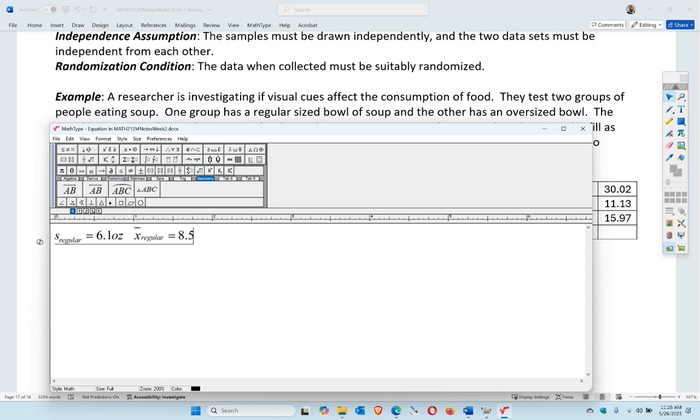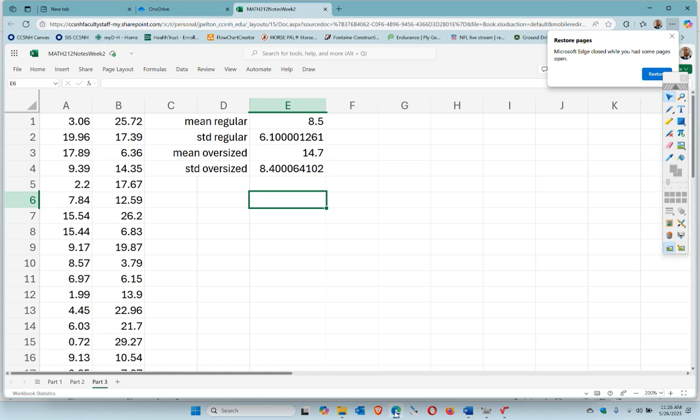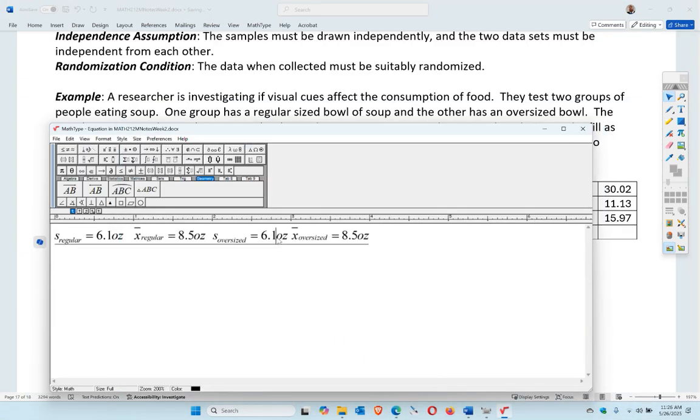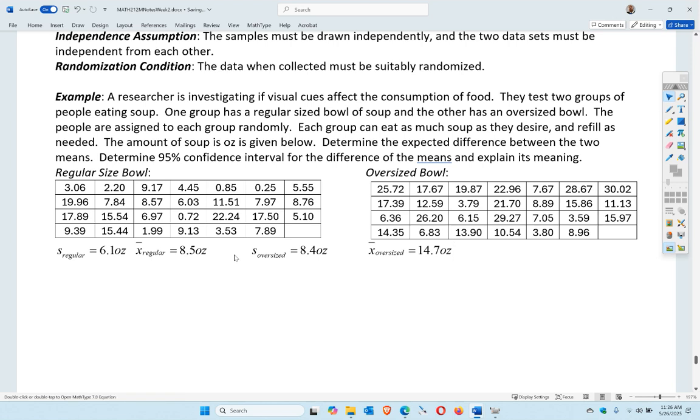It was 8.5 ounces. So I'm going to copy this and paste, oversized. I think it was 8.4, wasn't it? 8.4 and 14.7. Okay, I think we're good there.